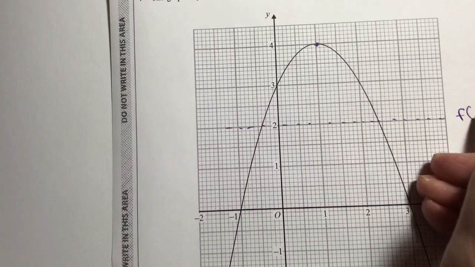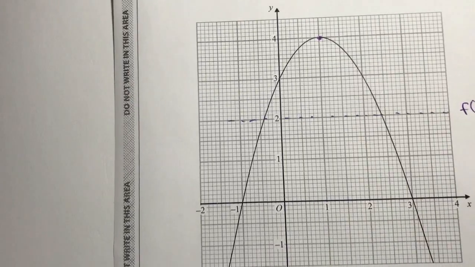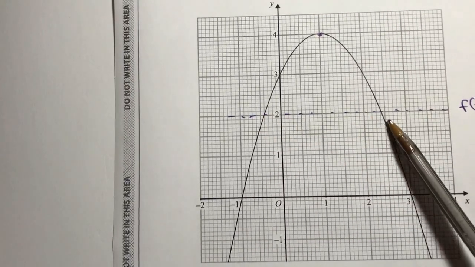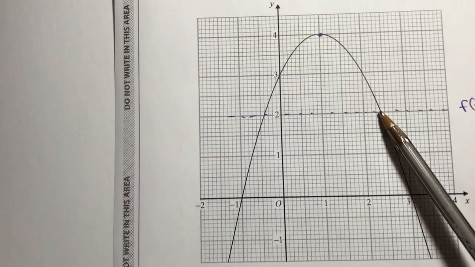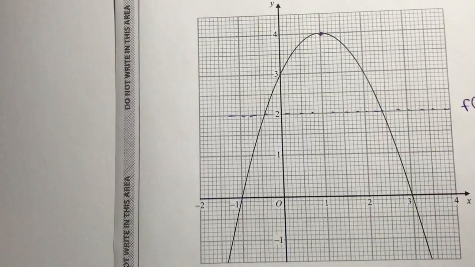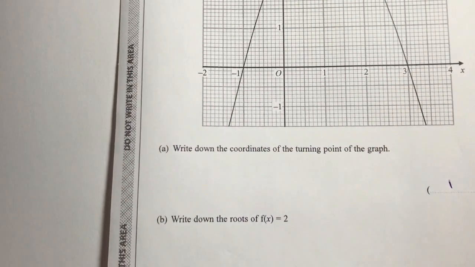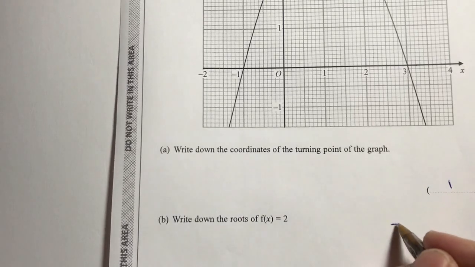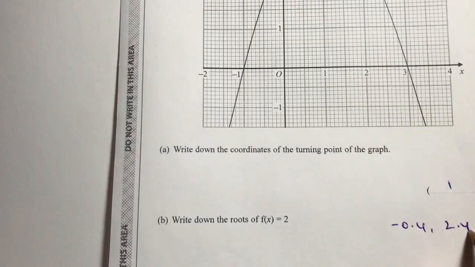So all the values at this point is where whatever this function is, it equals that value of 2. If we look at a little bit closer inspection, what we'll see is that the roots, in other words, where that function equals 2, are going to be minus 0.4 and 2.4.